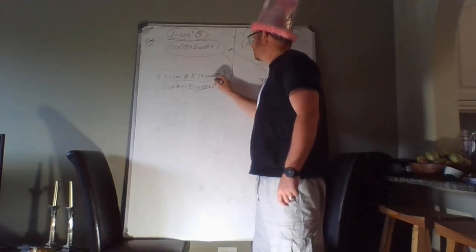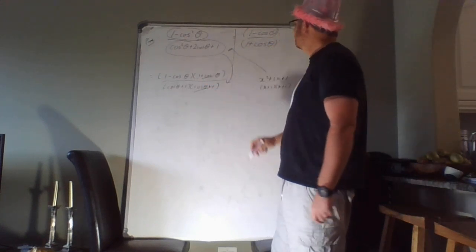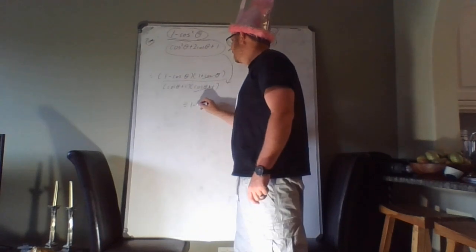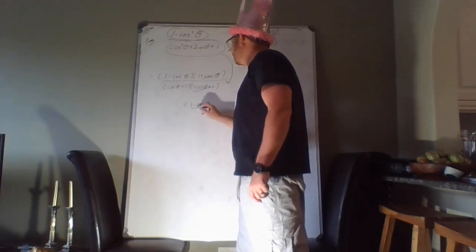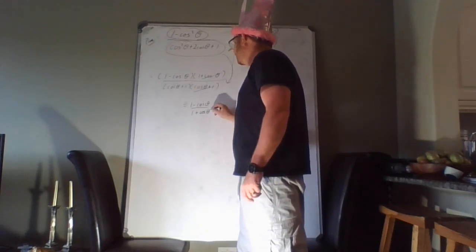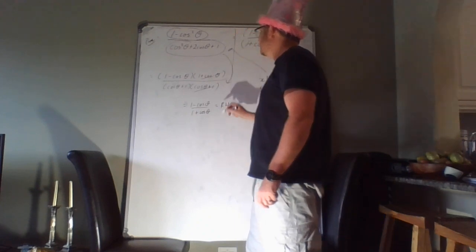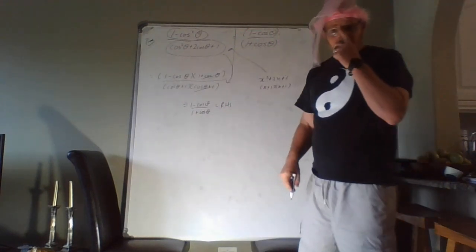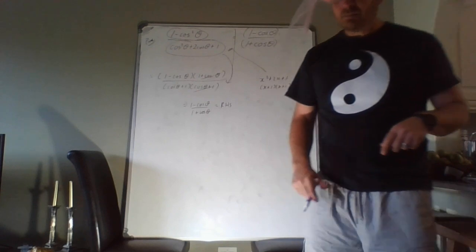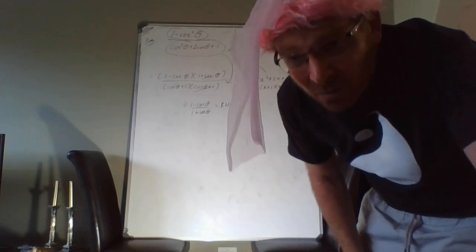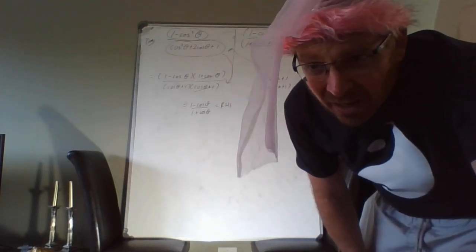And cos theta plus 1 and 1 plus cos theta are the same thing. So you're left with 1 minus cos theta over 1 plus cos theta, which is equal to your right hand side. So there is always more than one way to club a budgie to death when it comes to identities.